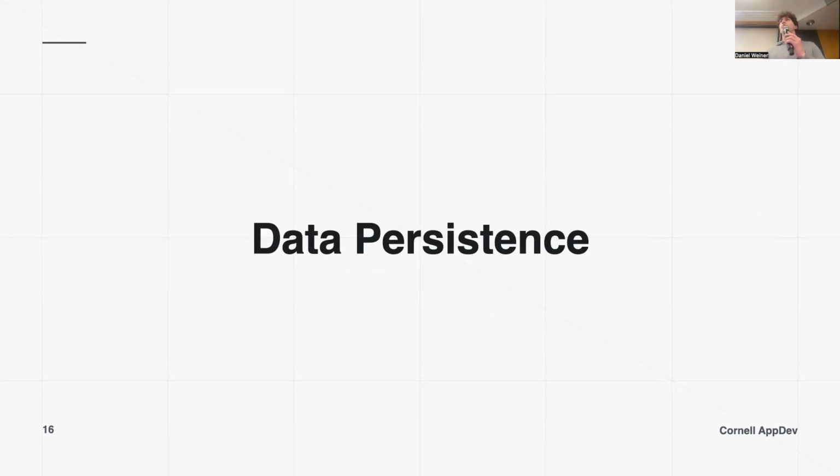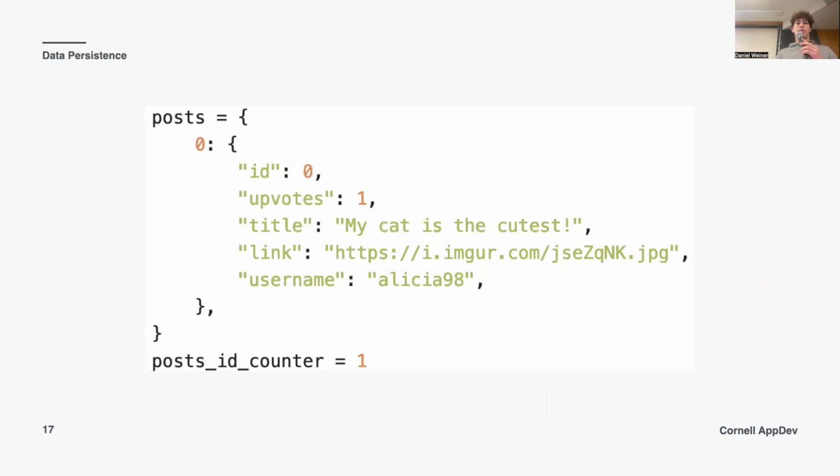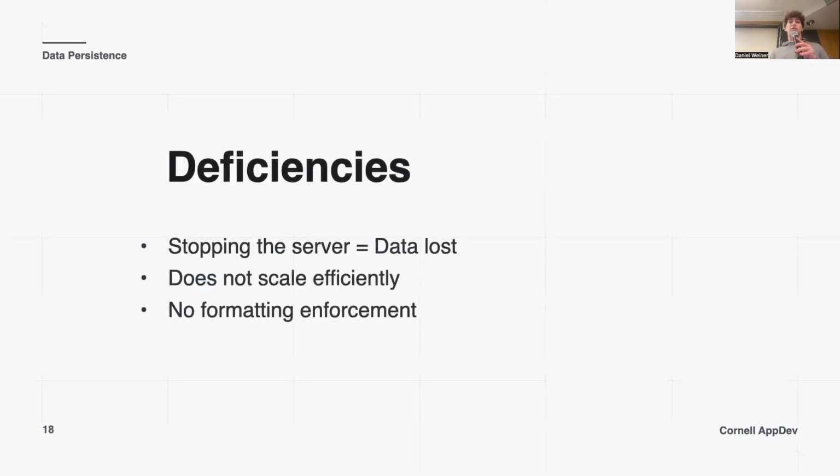We're going to be talking about data persistence to start. Here you can see a quick little graphic, representative of the data structure that we used in our tasks last week. And the answer here is dictionary, right? But what is actually the issue with that? What are some of the downsides, the deficiencies? Because they're hard-coded, stopping the server means that the data is lost, because it's only being created when the server is being run.